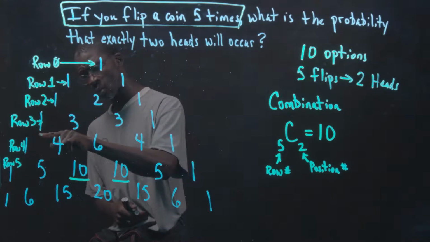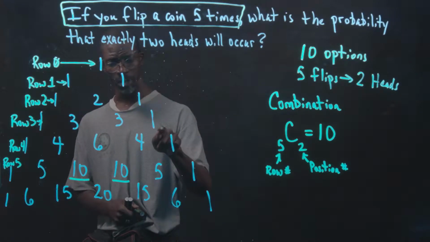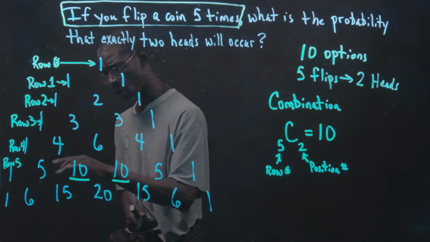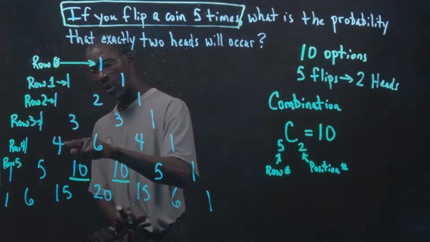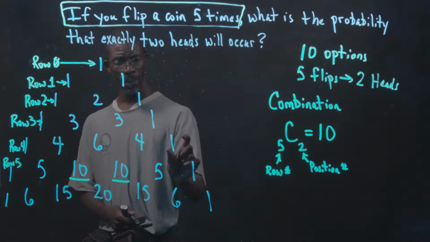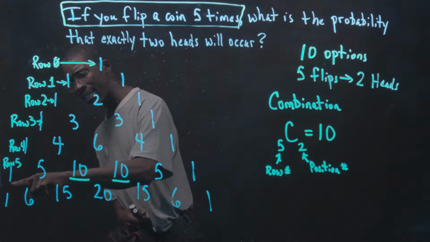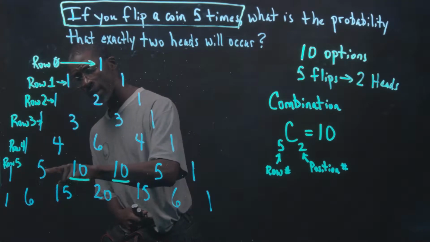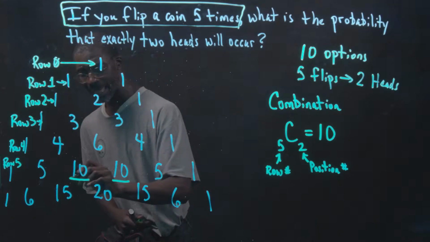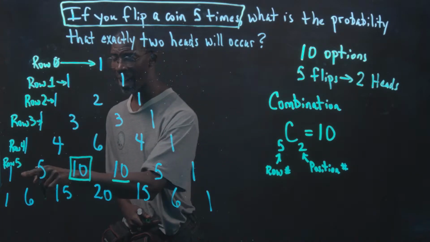This is position 0. This is position 1. This is position 2. This is position 3. In row 4, we have position 0, position 1, position 2, position 3, position 4. Now we're on row 5. Position 0, position 1, position 2. This 10 is in position 2 of row 5.